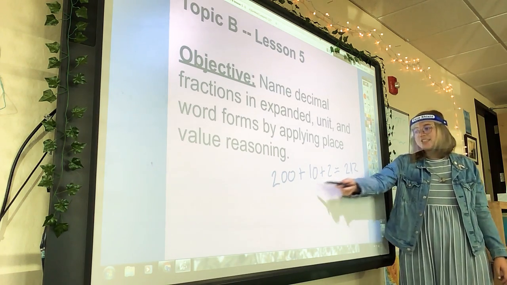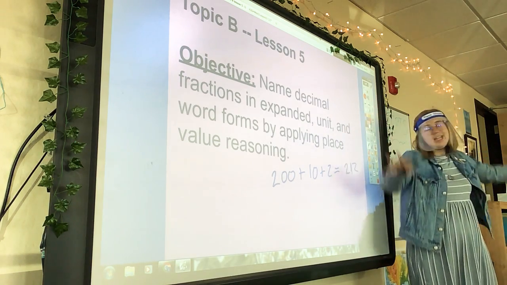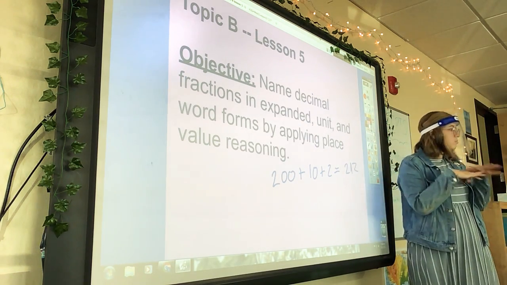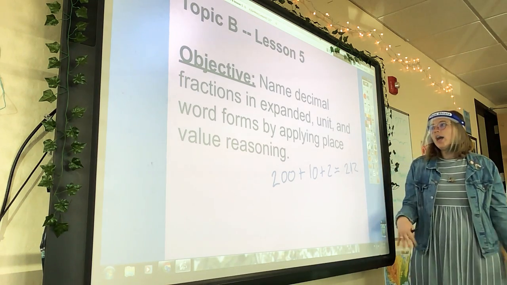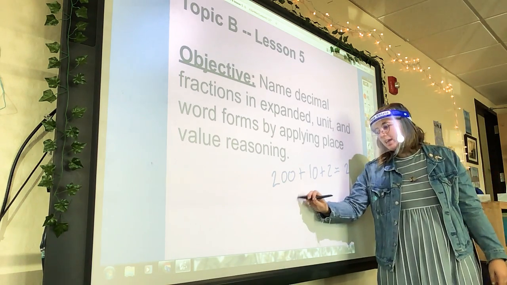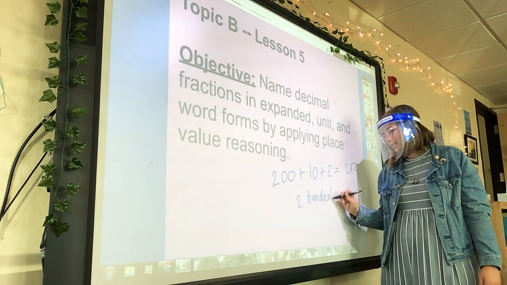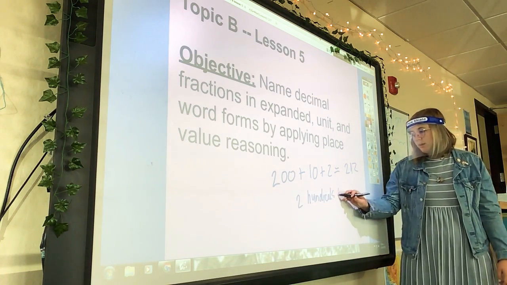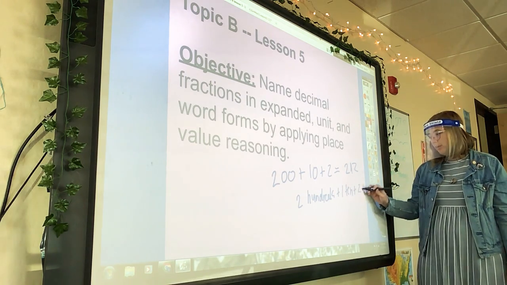Expanded form means you're drawing it out, stretching it out, expanding it. Standard form is just plain standard, number form. And then unit form is 2 hundreds plus 1 ten plus 2 ones.